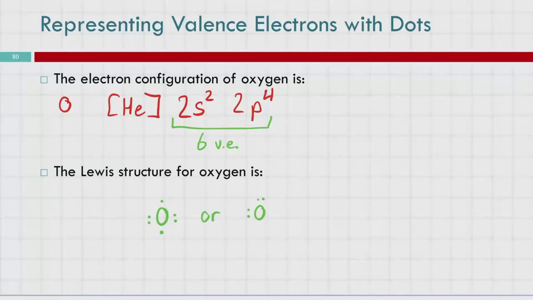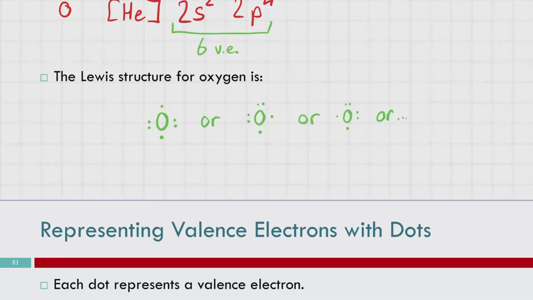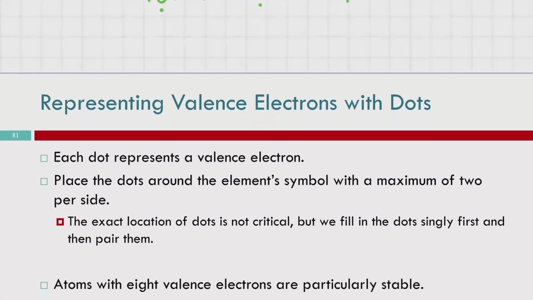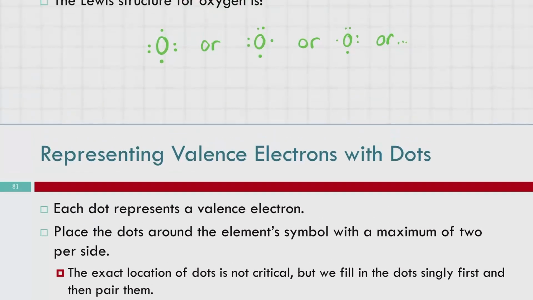They could be doubles on the top and the left, top and the right, and so on and so forth. Wherever you want to put them is fine. So each of these dots is 1 valence electron.